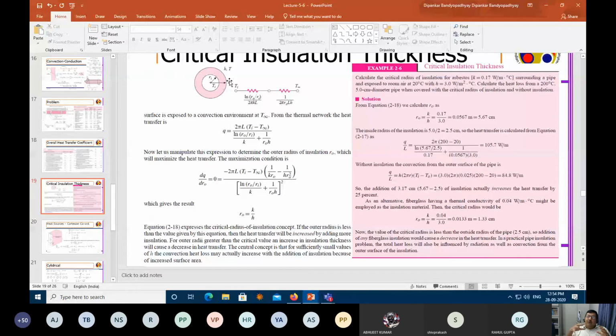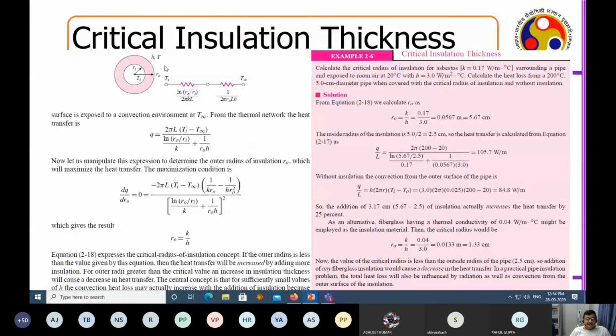Now, you know that if I increase the area of heat transfer, the amount of heat transfer will increase. So here you can see that if I increase this insulation thickness to some extent where the area is very large, that will allow a lot of air to take the heat out of the system.